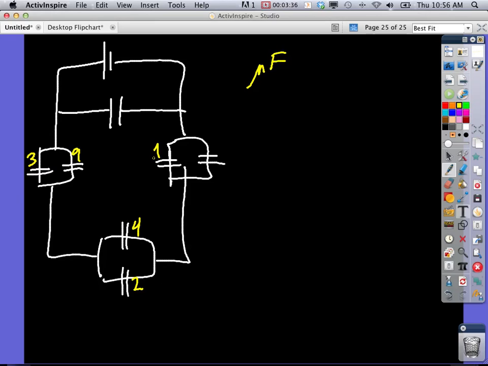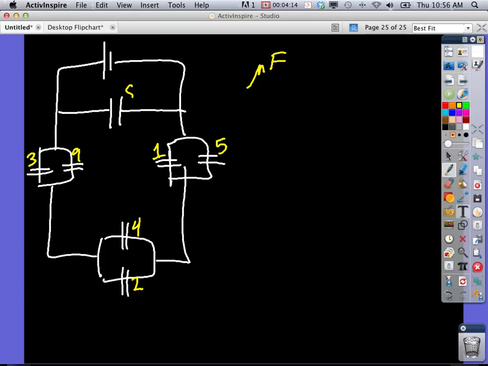And then we can make this one 1, and this one 5. Whatever, we just need the weird numbers.